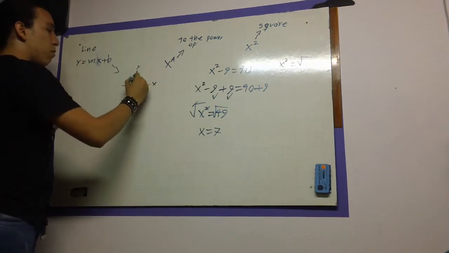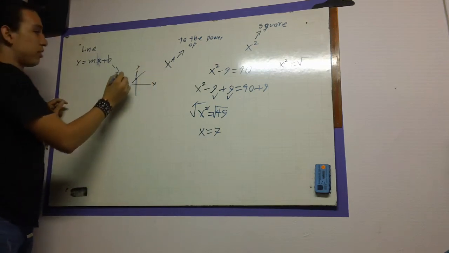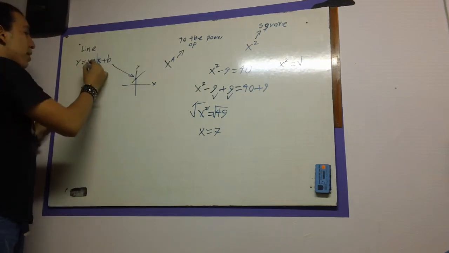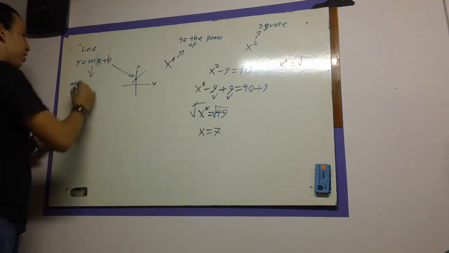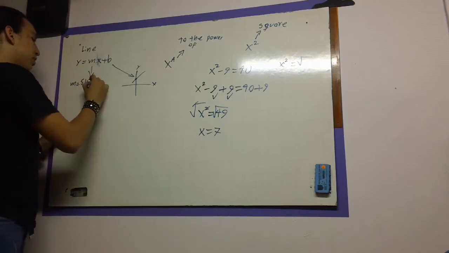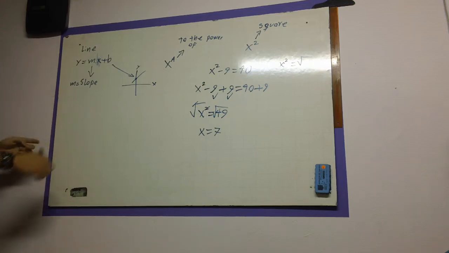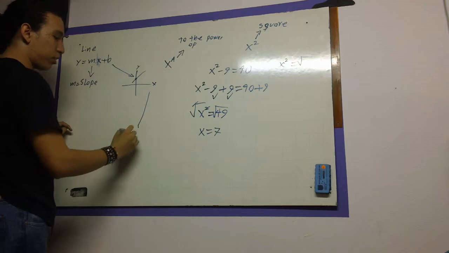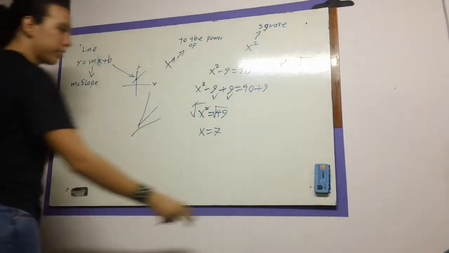B is this point where the line crosses with the y axis. M, in Spanish pendiente, is the slope of the function. This is going to tell if the line goes this way, or this, or this. It says the inclination.